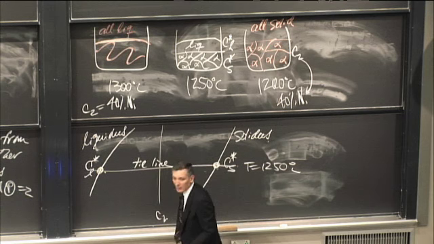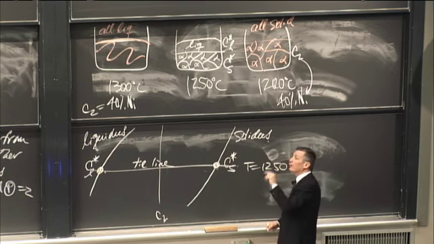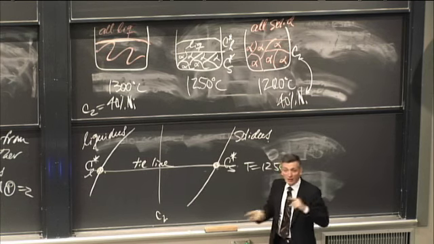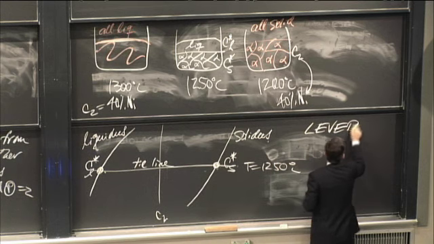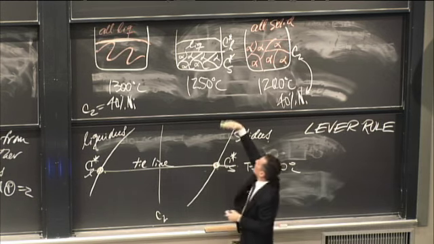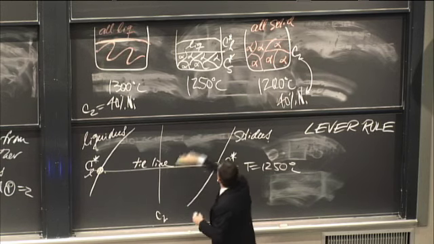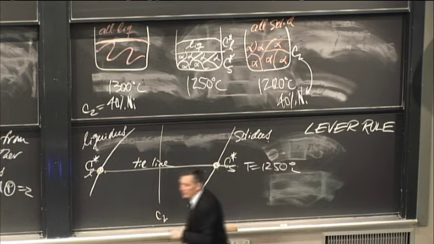Well, fortunately, the metallurgist has thought about this for a while, so we don't have to go through and figure out, well, if two apples cost 15 cents, we don't have to do that kind of thing. We can just invoke the lever rule. The lever rule will tell us how much of the liquid that's nickel depleted and solid that's nickel rich add up to this. And so let's look at the lever rule.